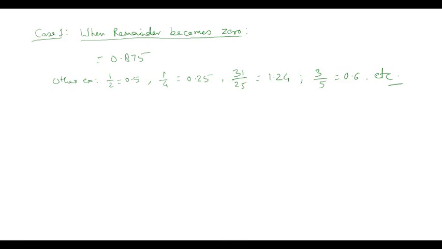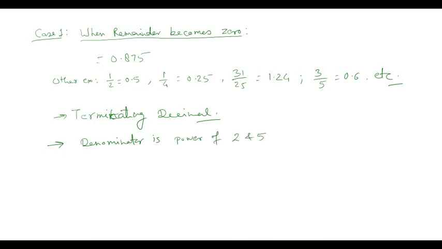When the decimal expansion ends, it is called a terminating decimal expansion. We also notice that when the denominator is a power of 2 and 5, it will always be terminating.